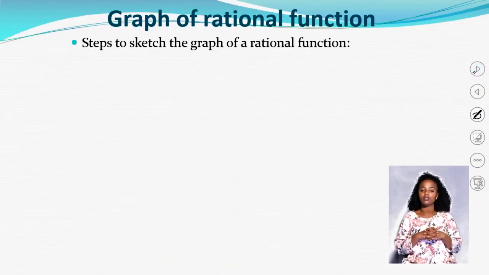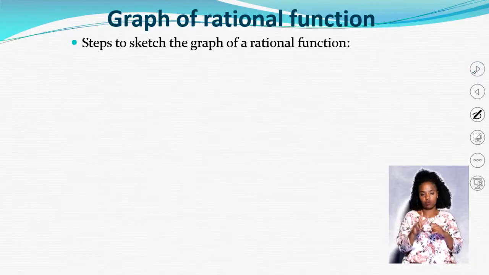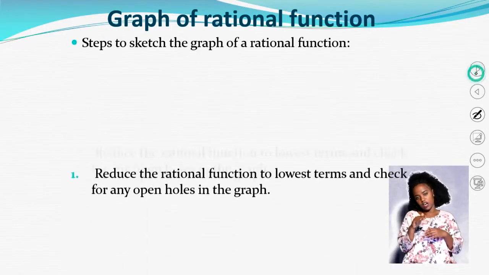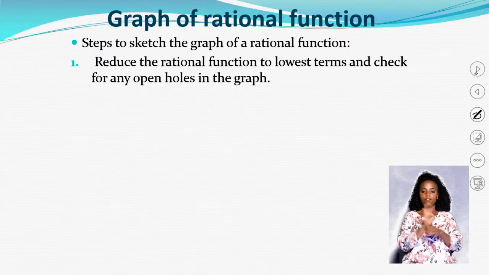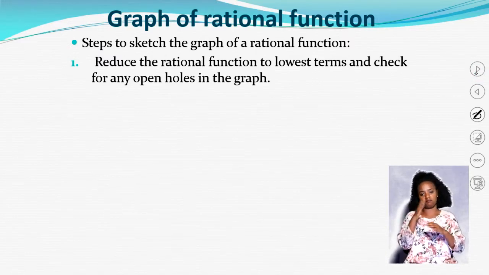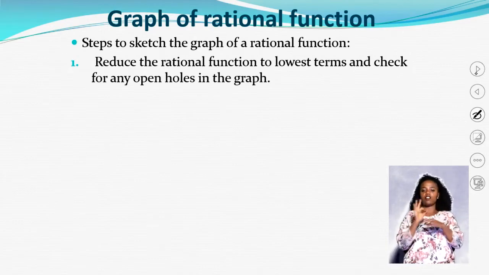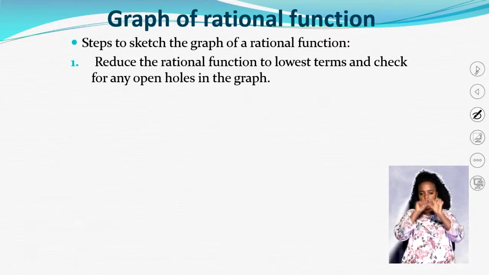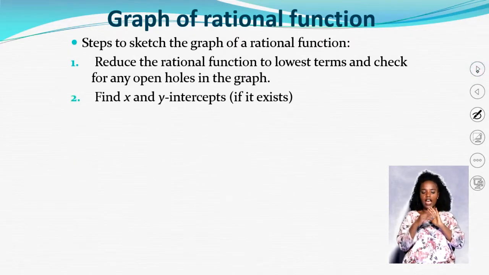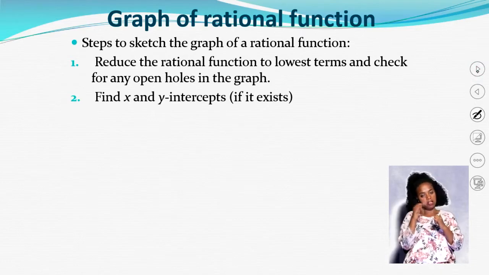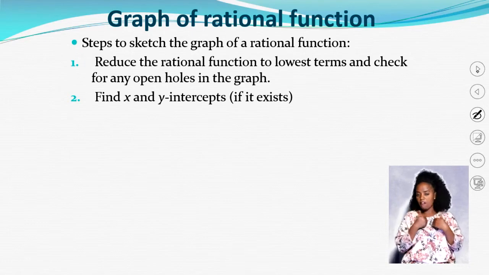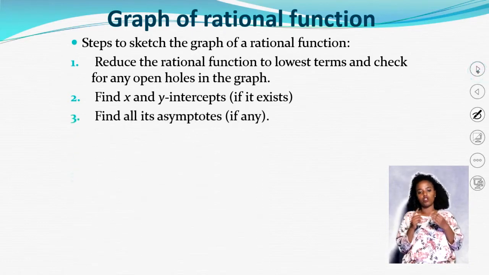Now, steps to sketch the graph of a rational function. First, reduce the rational function to lowest terms and check for any open holes in the graph. Then find the x and y intercepts if they exist. It may or may not have them.